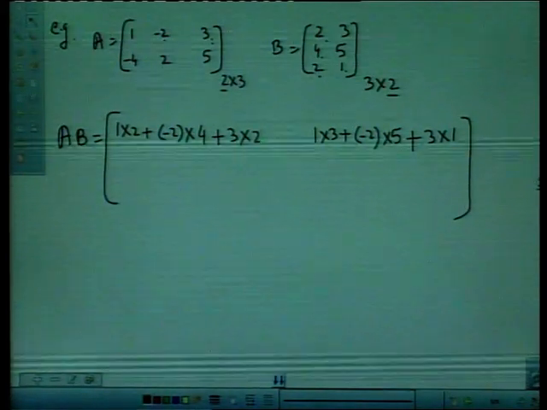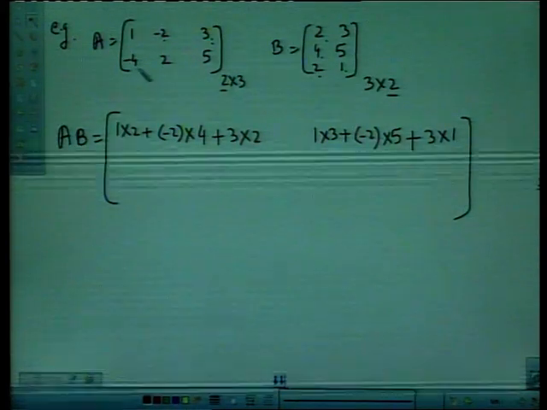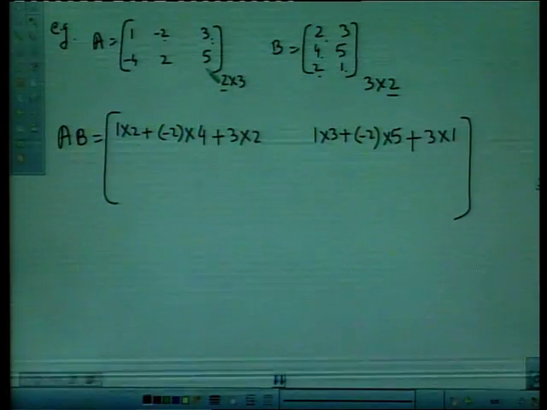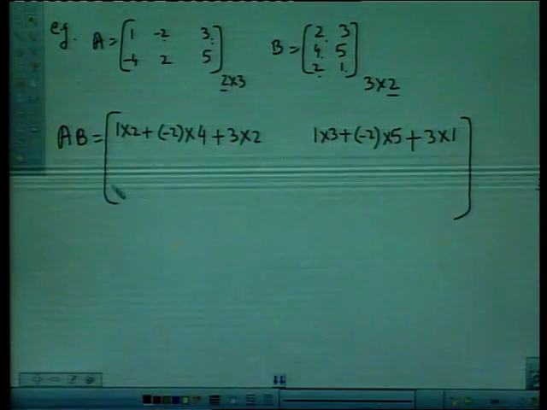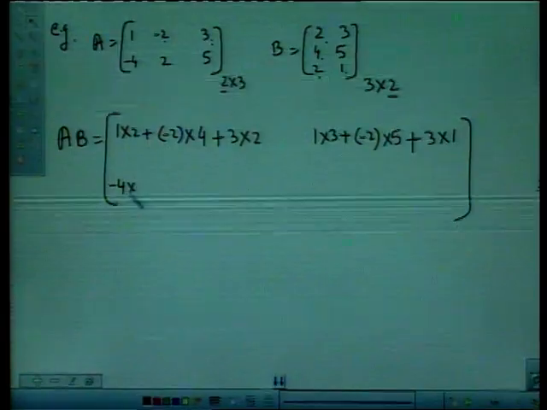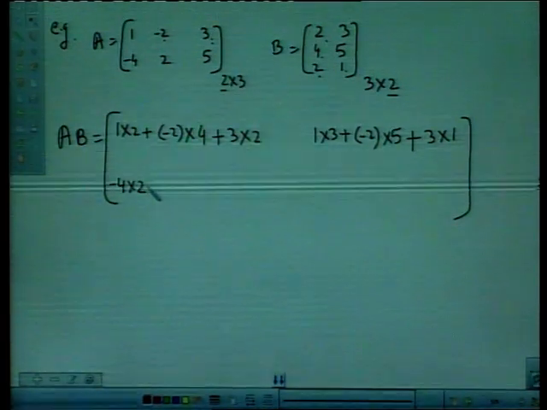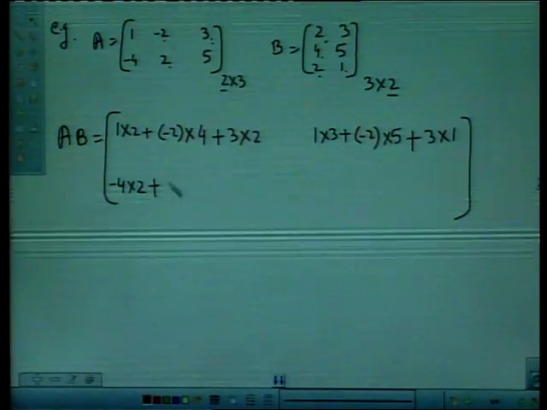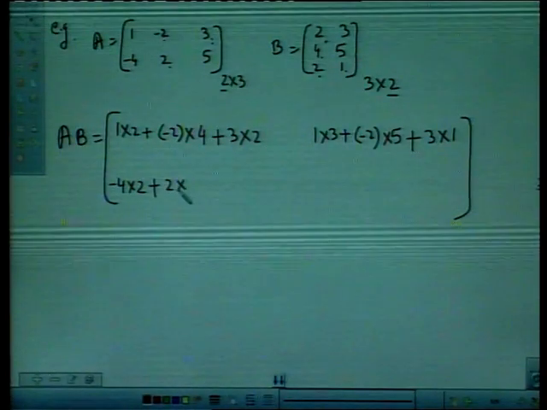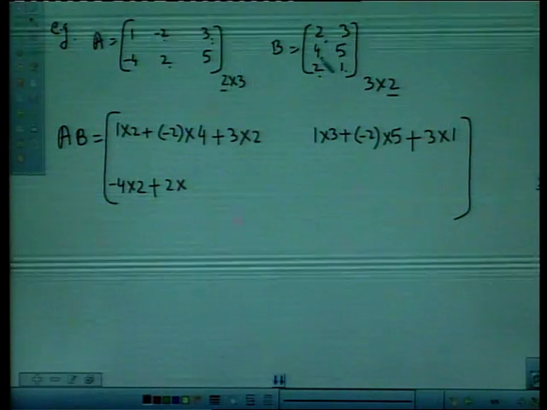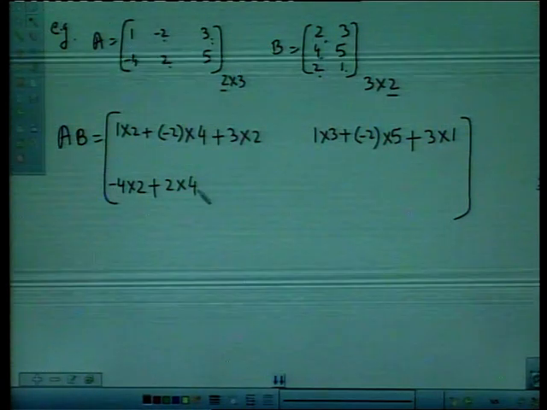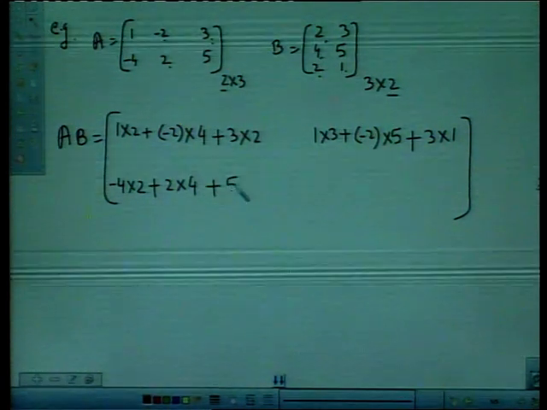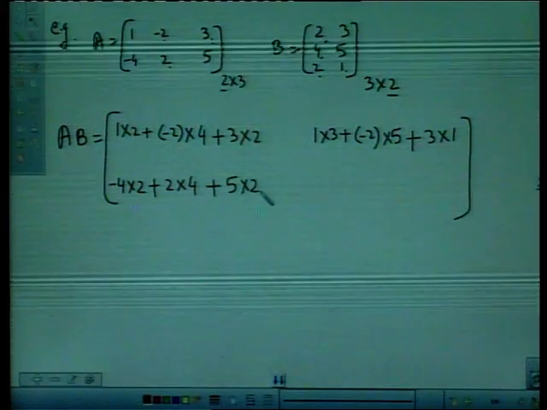Now for the second row we take the second row and first column: -4 multiplied by 2, plus 2 multiplied by 4, plus 5 multiplied by 2.